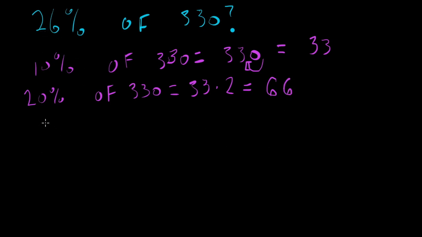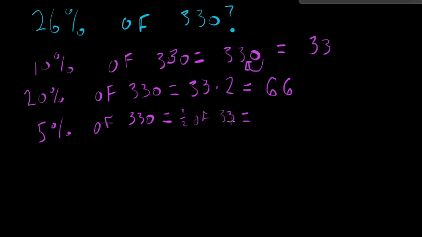Okay. Now we want to find 5% of 330. Which we already found out what 10% is, right? Which was 33. So we just take half of 33. So if we take half of 30, that's going to be 15. And then we take half of 3, it's going to be 1.5.